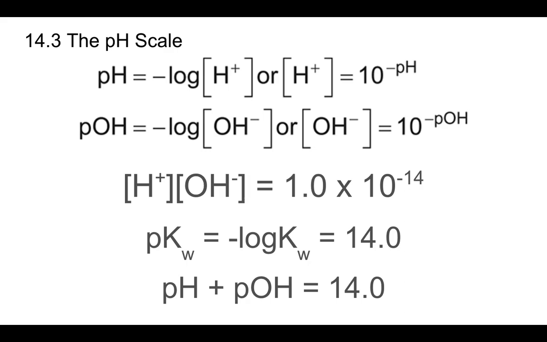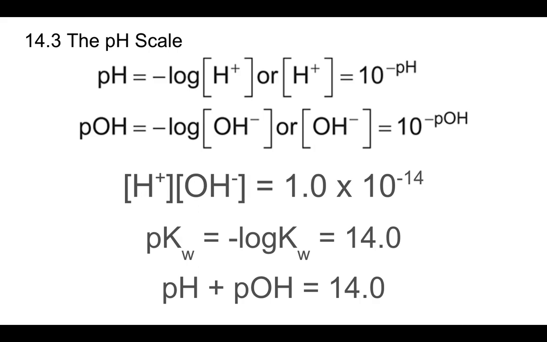Now, usually we work from the pH scale, but you could turn it around and work from a pOH scale. And so pOH would be the negative log of the OH minus concentration. Or the OH minus concentration would be 10 to the minus pOH. So it's the less common of the scales to work from, but pOH is another way of describing how much acid or how much base there is in water.